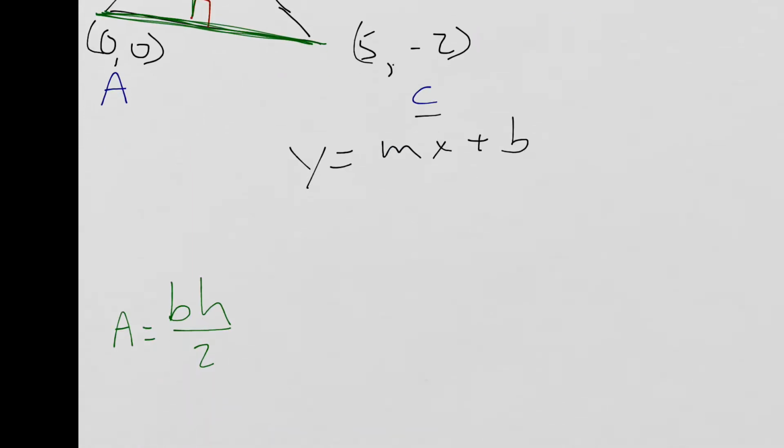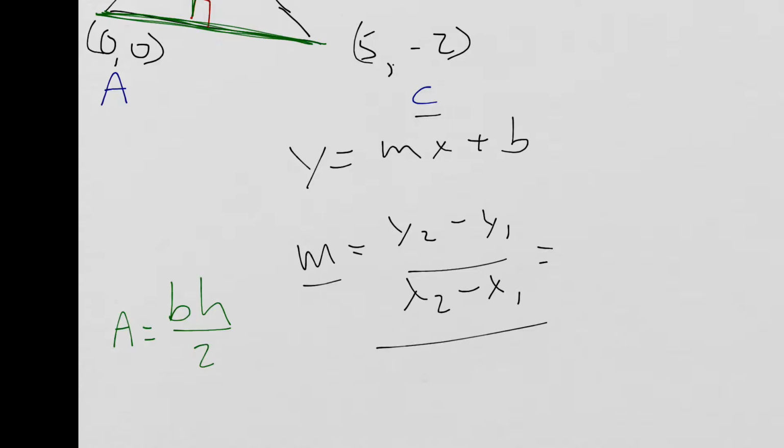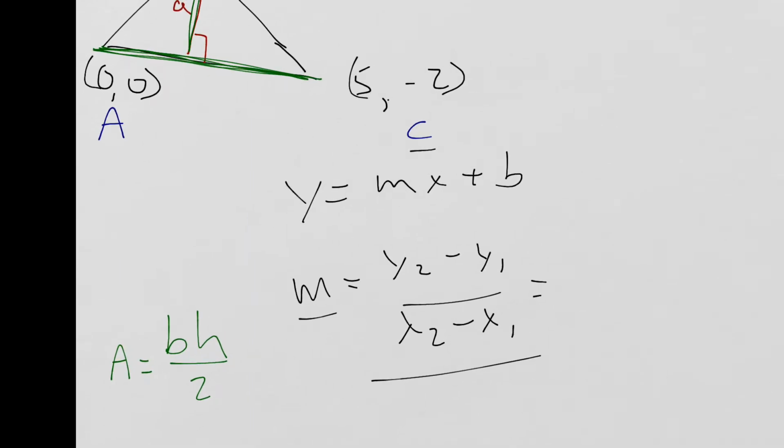And hopefully we remember that m is y2 minus y1 over x2 minus x1 of any 2 points. The slope between them is going to be the second y value minus the first y value. You can choose either of these points to be point 1 or point 2. It doesn't matter. Just for this problem, I'm going to choose this to be point 2 and 0, 0 to be point 1.